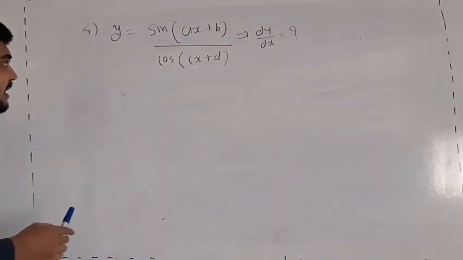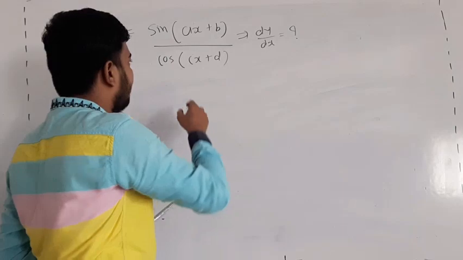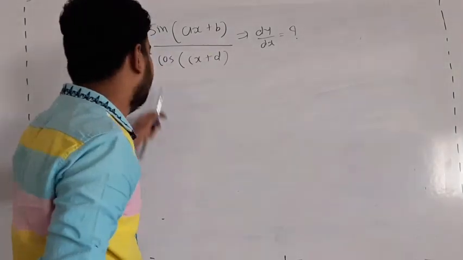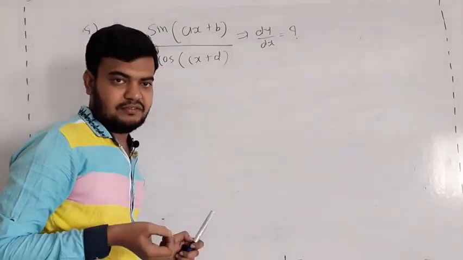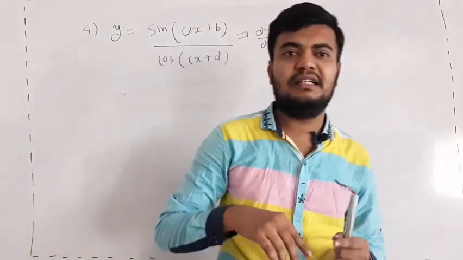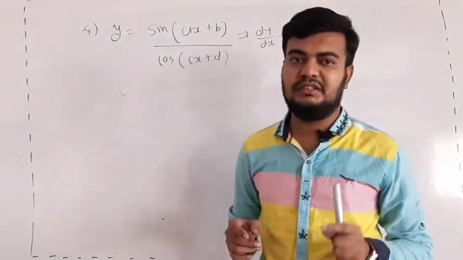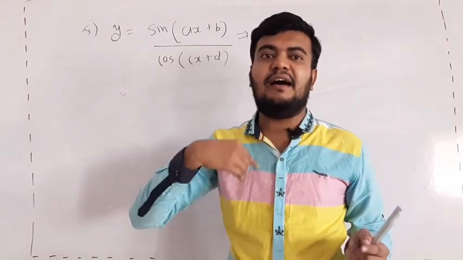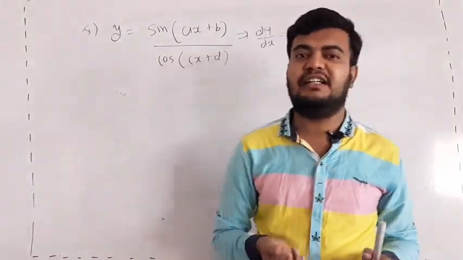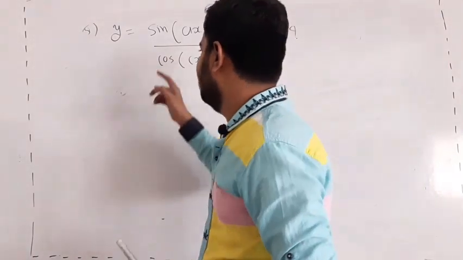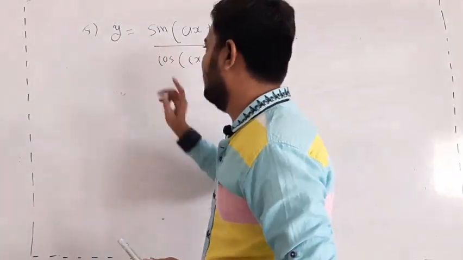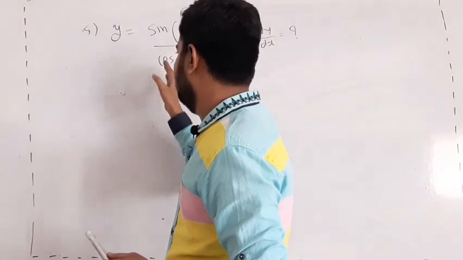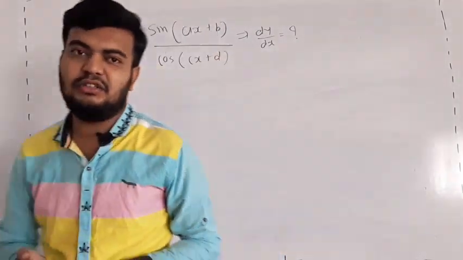Okay, here look, there is a division sign between sine and cos. So if there is a division or multiplication sign between two functions, then first apply the division or multiplication rule, and after that apply the chain rule. Okay beta. So here there is a division sign between sine and cos. So first we use the division rule.